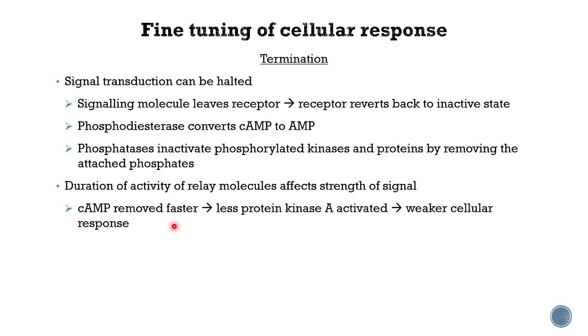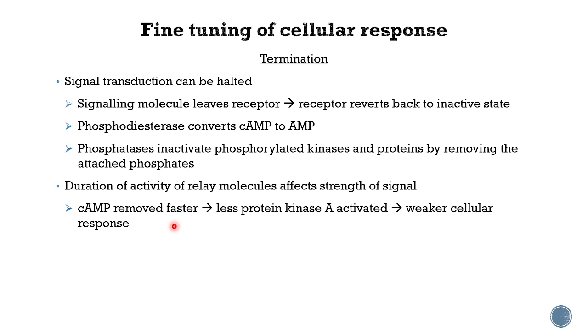Depending on how fast the adenylyl cyclase is inactivated by the termination mechanism, that determines how much cAMP is made, and therefore how strong the signal transduction is, and how strong the cellular response is.